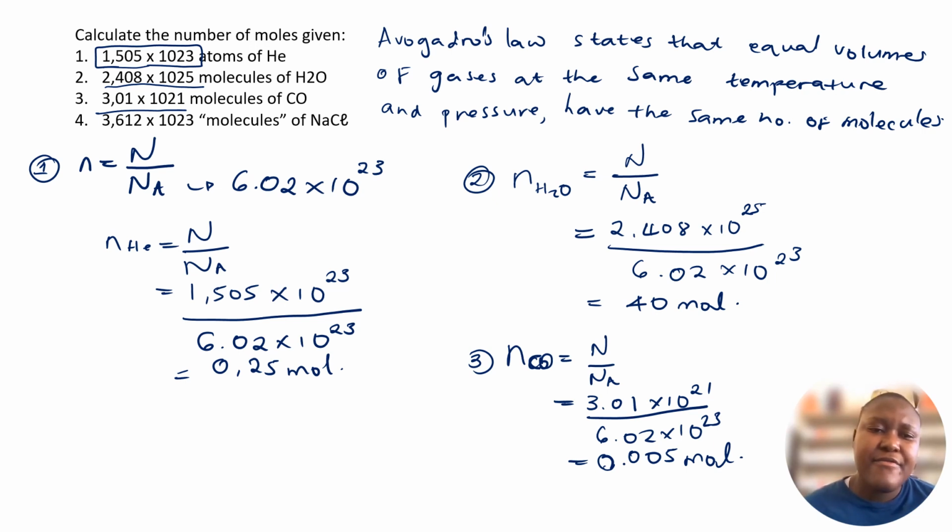And lastly, we have to get the number of moles given 3.612 times 10 to the power 23 molecules of NaCl.